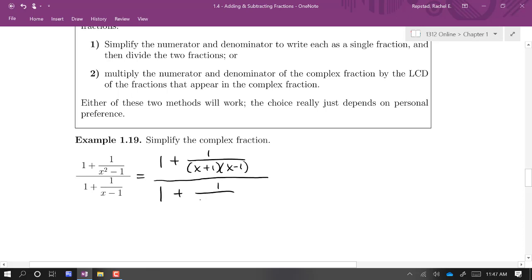Nothing to factor over here. Now the LCD of all the fractions that appear in the big fraction is x plus 1 and x minus 1. I need both of those factors. So I'm going to multiply the top and the bottom of the big fraction just by the product x plus 1, x minus 1.